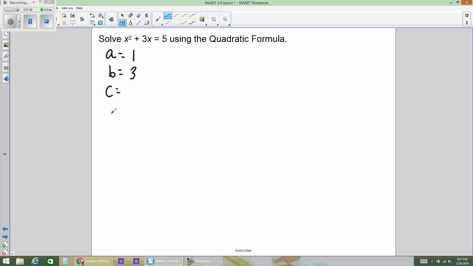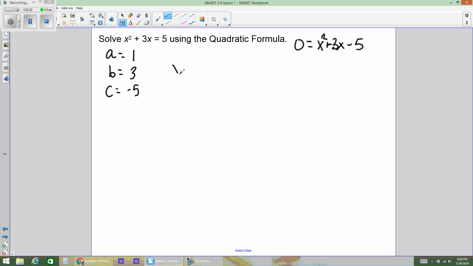Do not tell me c is 5, but you can tell me c is -5, because remember, the first thing you have to do is set it equal to 0. So if you set it equal to 0 first, then you would have had to subtract the 5. The a is always connected to the x squared. The b is always connected to the x. And the c is always the number without a variable.